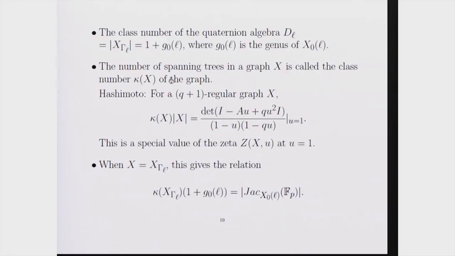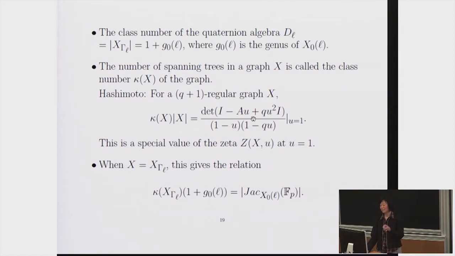Now Hashimoto has the following theorem: if you take this graph, which is (q+1)-regular, you look at the denominator of its zeta function, and you remove the factor corresponding to the trivial eigenvalue, then you evaluate that at u equal to 1. This is a special value of the zeta function at u equal to 1.